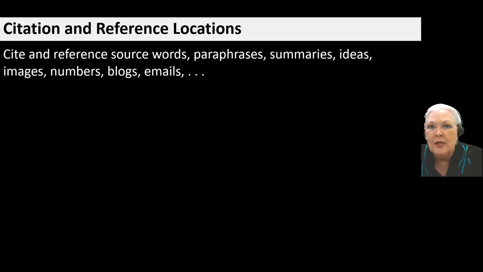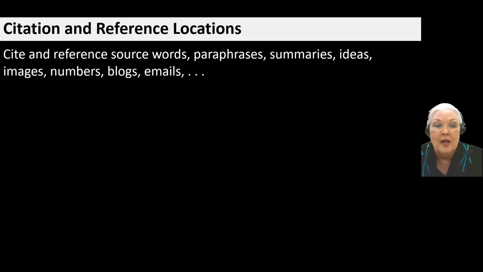Even if we only use an idea from another source, we have to say where we got that idea from. So it requires a citation and a reference. Even images, any numbers we get, blogs, emails, on and on the list goes. Again, you can look at our tutorial on the basics to find out what kinds of information you need to cite and reference.